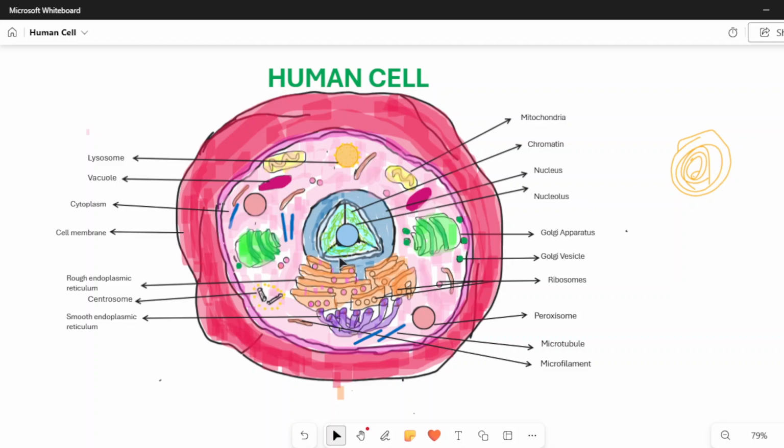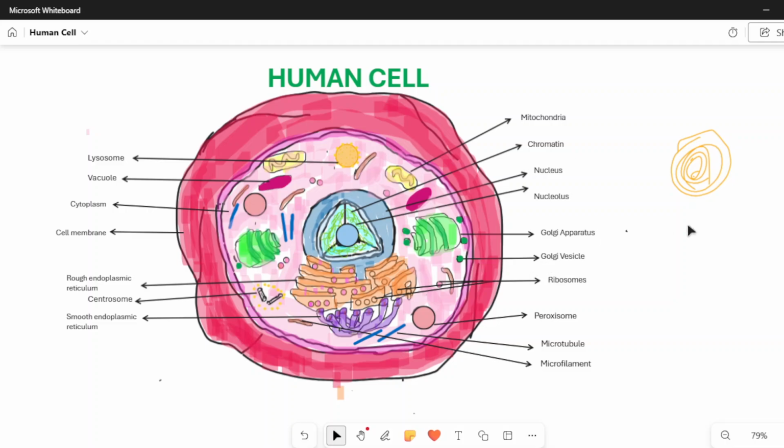So that's how these filaments are present throughout the human cell, giving it a structure to keep the organelles in place, and for the organelles to move from one place to another, they use these microfilaments and microtubules which are present inside the human cell. So that is all about the human cell.